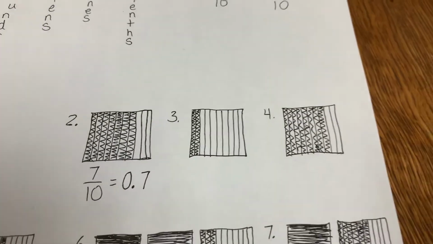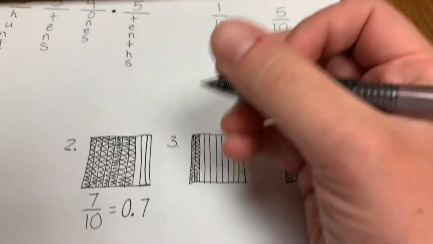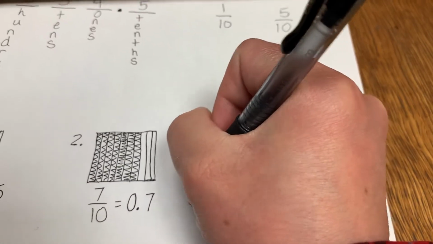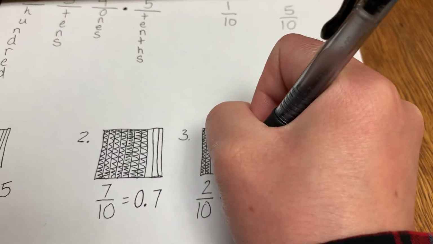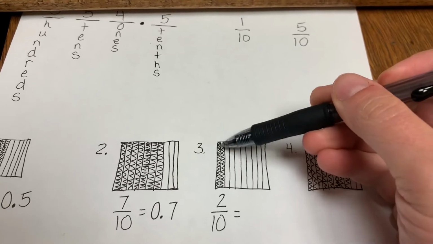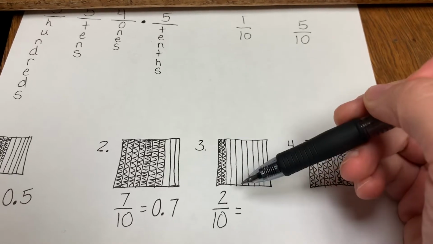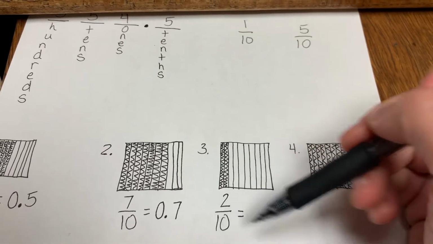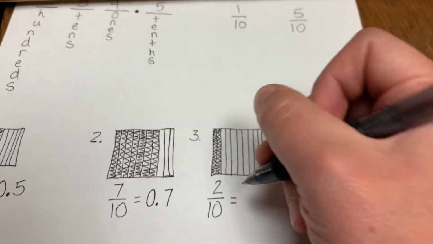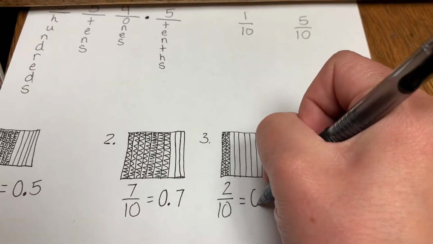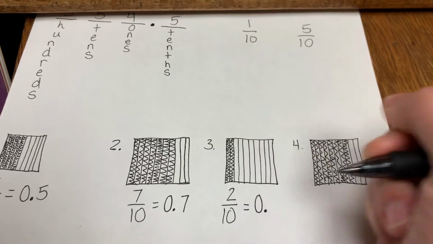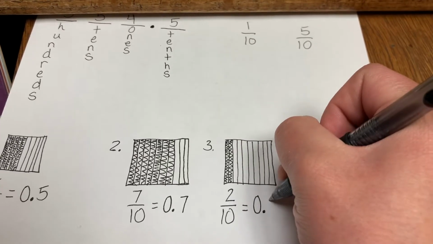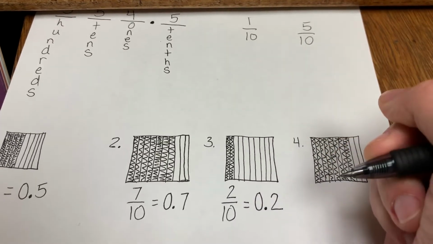All right, number 3 has the fraction 2/10. I shaded in 2 of the spaces to represent 2/10. That means there's 0 in the ones place, a decimal point, and 2/10 behind the decimal point.